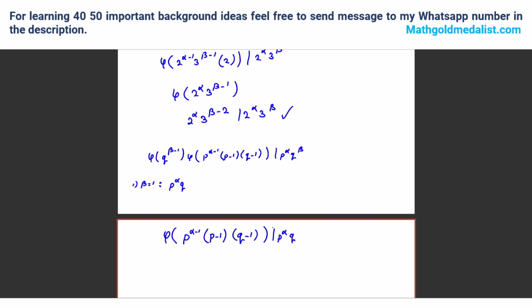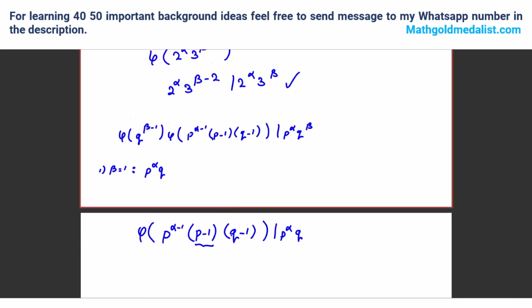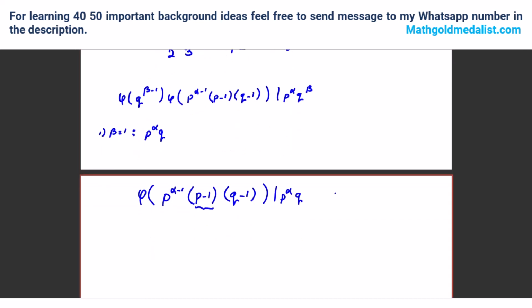Right. Okay, so then we can say what? Do you agree it is even? If p and q are odd numbers, do you agree it's a multiple of 4 and then it doesn't divide this, because phi of 4 or any multiple of 2 is even?